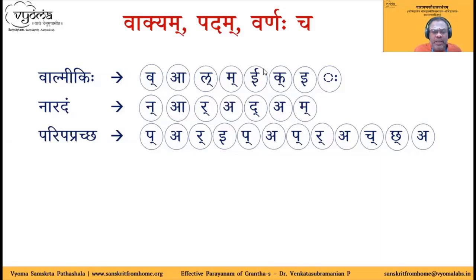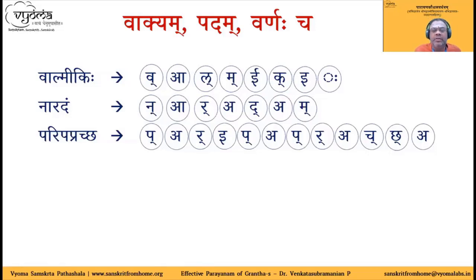Now, if you go to Valmikihi, it consists of Vakarottara, Akarottara, Lakarottara, Makarottara, Ikarottara, Kakarottara, Ikarottara, Visargaha. It has got Vakara, Va-varna, which is called as Kara. Suppose if I just pronounce the letters V, A, L, M, E, T, E, Visarga.